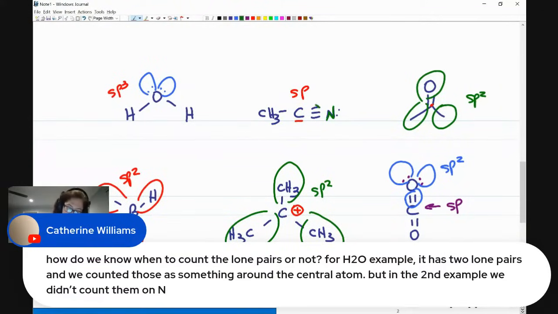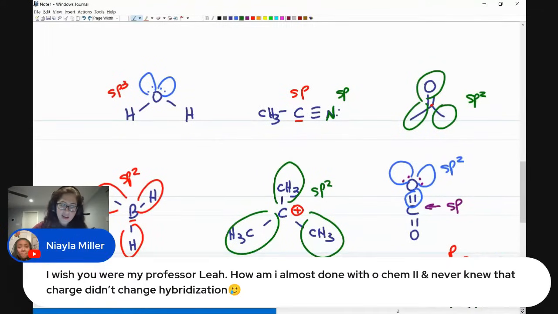So if I look at the nitrogen, it has 1, 2 groups around it, sp. So the nitrogen is also sp hybridized, even though carbon has 2 atoms attached to it and nitrogen has 1 atom and a lone pair, they are both sp hybridized. So really good question. Ayala, thank you.